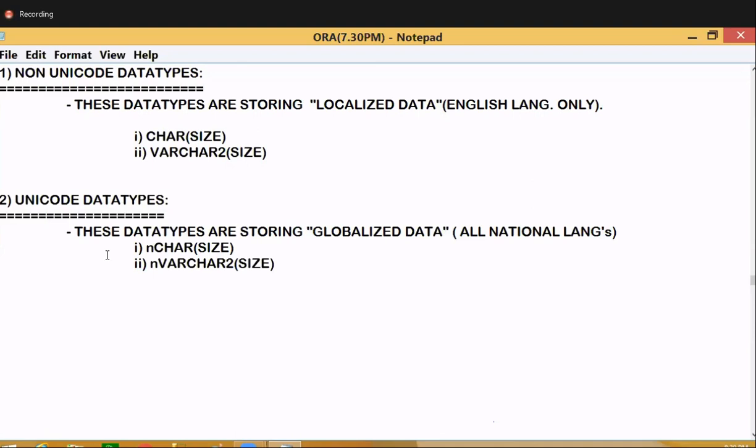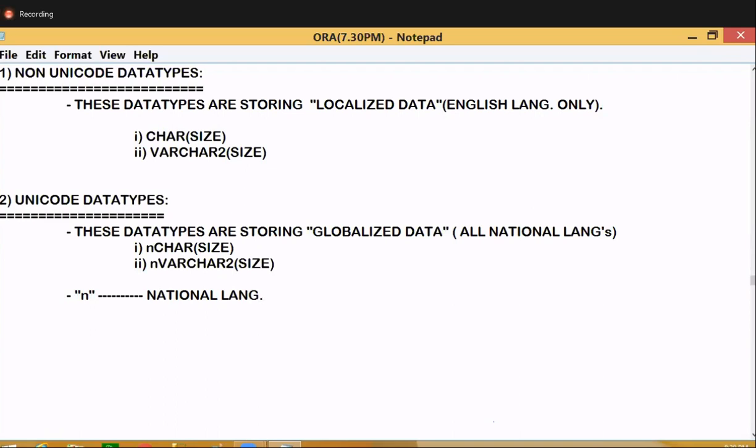But observe carefully, the people clearly gave n here: nchar, nvarchar2. So what does n mean here? Here n represents national language. That's why it is clearly mentioned nchar, nvarchar2.